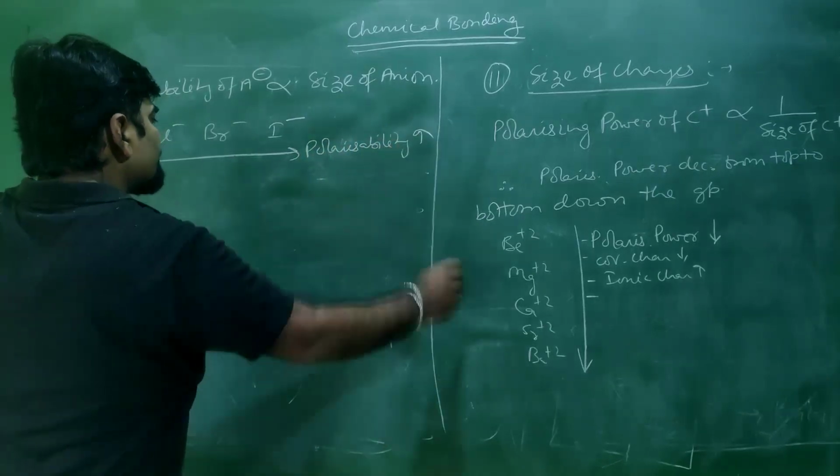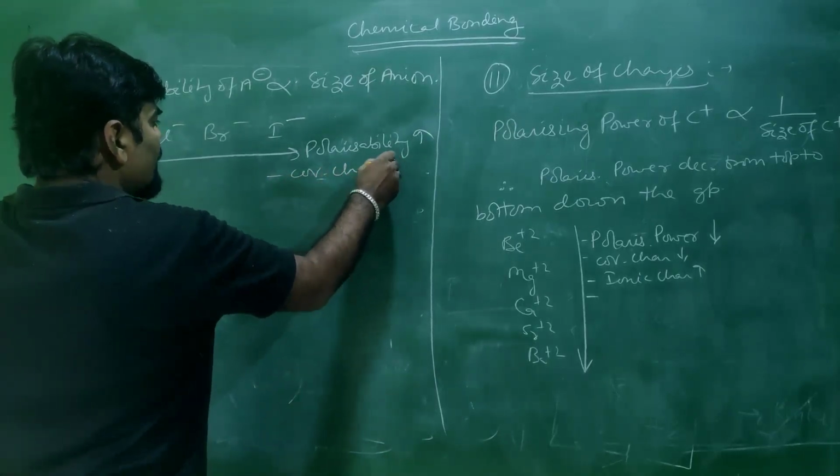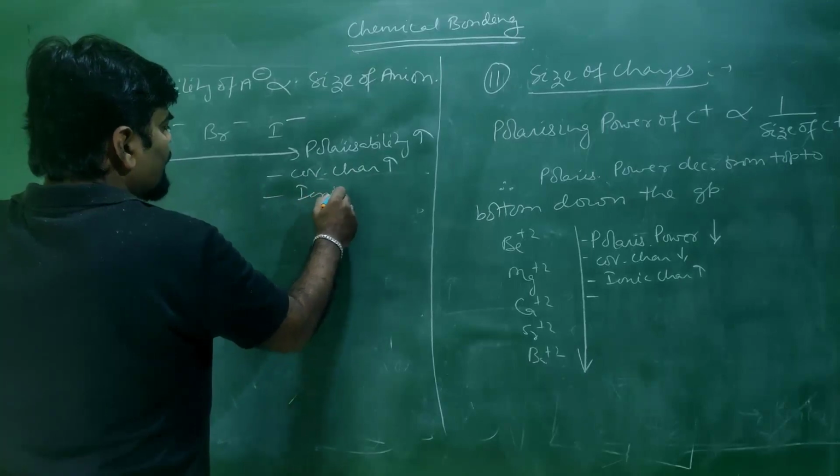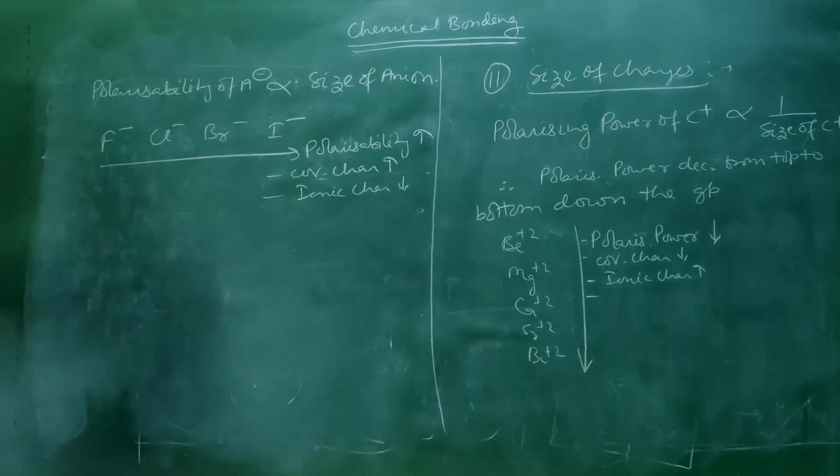Polarizability increases, so covalent character increases and ionic character decreases. And all variations we can explain.